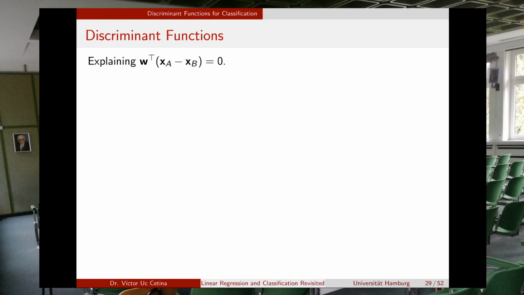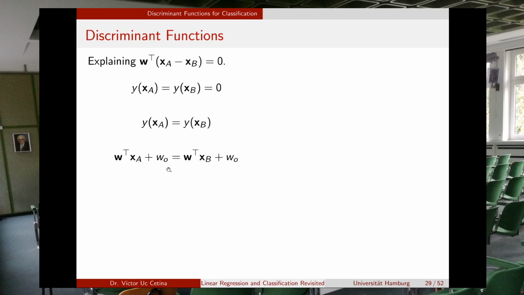Okay, so let me try to explain why we say that this is true. Consider these 2 points, xa and xb. The evaluation of these points in the model is 0. Then if that is true, we can simply evaluate those points, and in our model, evaluating them would be simply to write explicitly the multiplication by the parameter vector plus the bias in both cases.